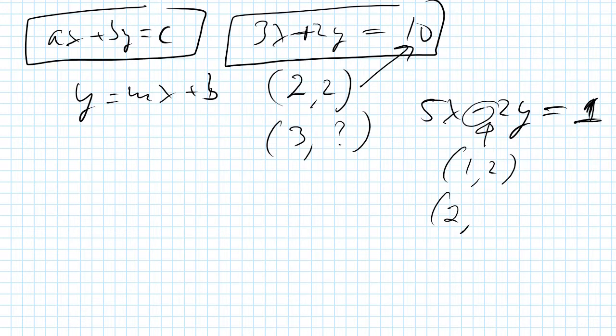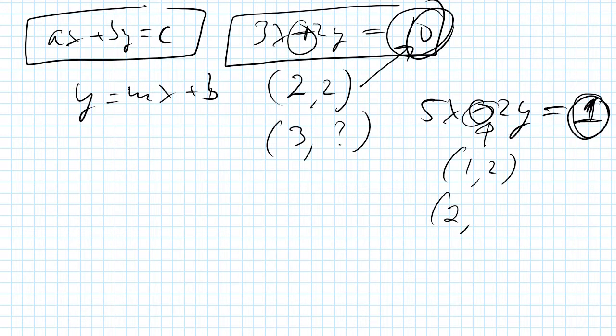So unlike when there was a plus here, and when x went up, y had to go down to compensate so they would continue to add up to 10, when there's a minus here, when x goes up, y also has to go up. Otherwise, they're not going to have a difference of 1, right? If the difference is 1, when one gets bigger, the other has to get bigger also.